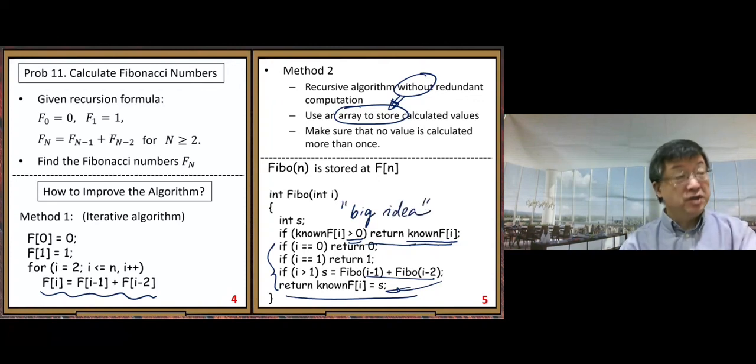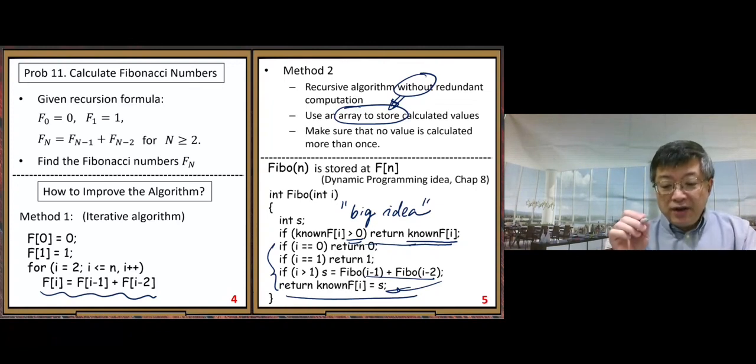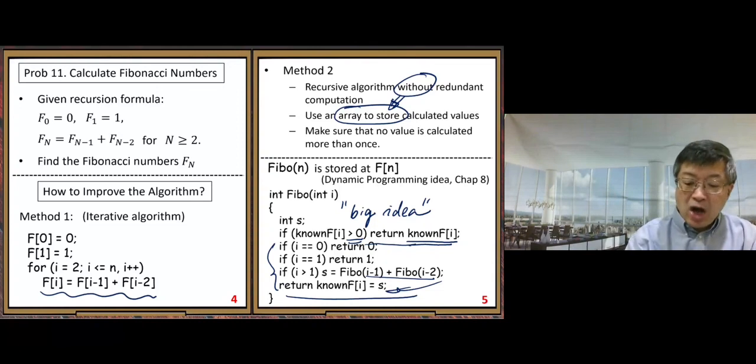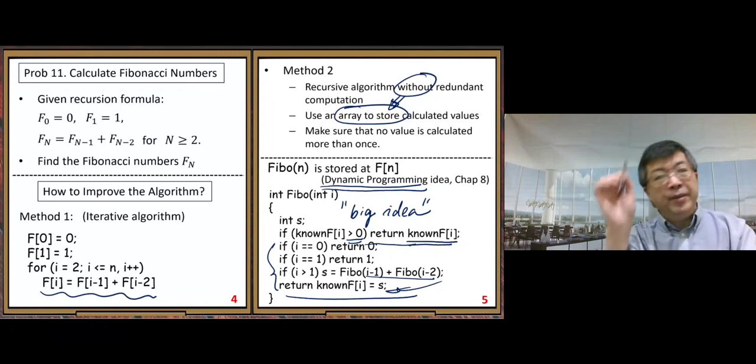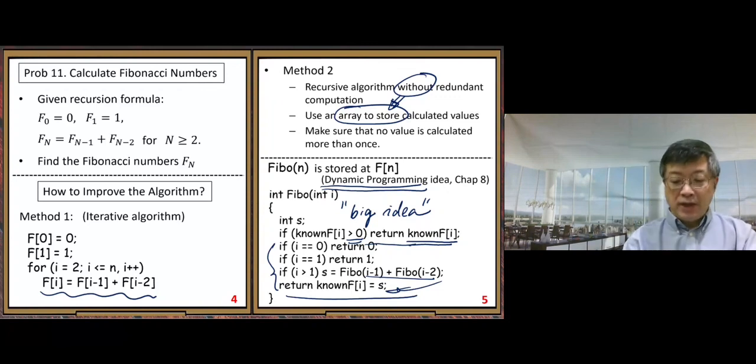How big is this idea? It is called the dynamic programming idea. So that's the topic of our chapter 8, dynamic programming. Very important idea.